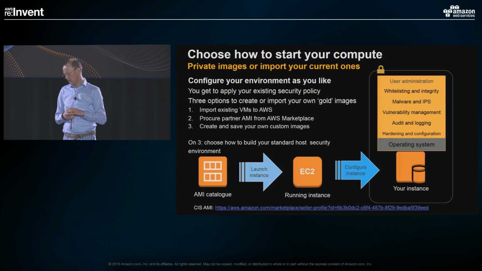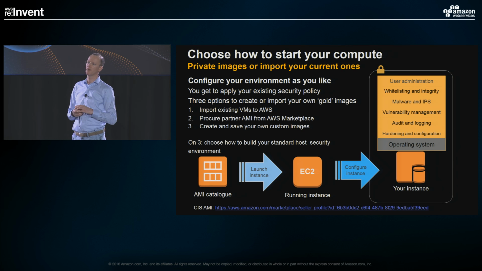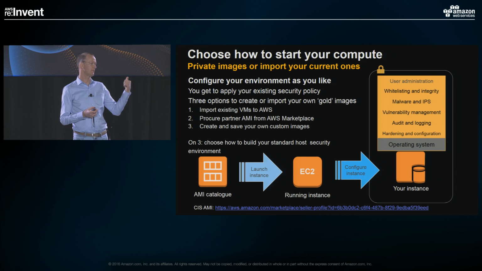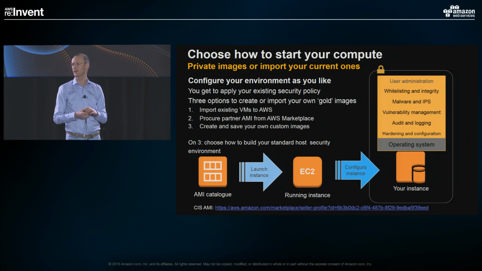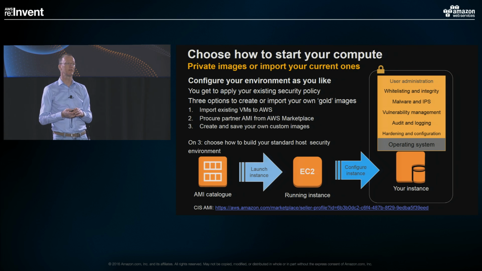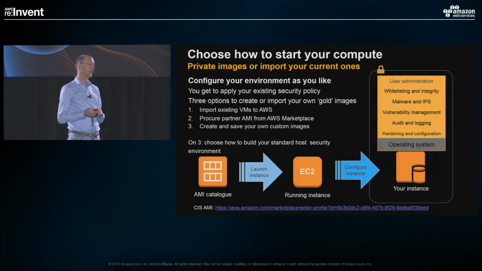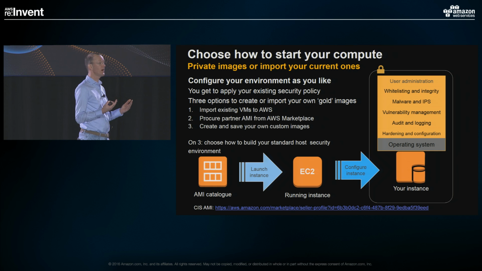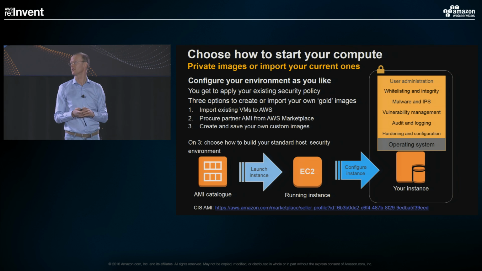The second one is, you can also use AMIs from the marketplace. We have an example over here, the CIS security image, that you can use as your starting point for your compute. Or you use any of the AMIs which Amazon makes available, customize it to your needs, and then create your own image, and you start from that point onwards.